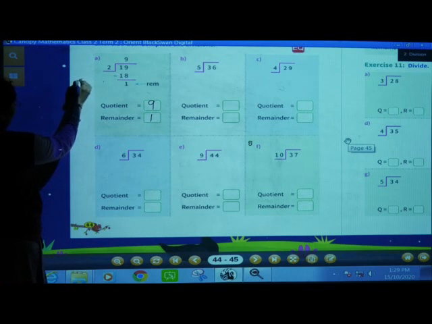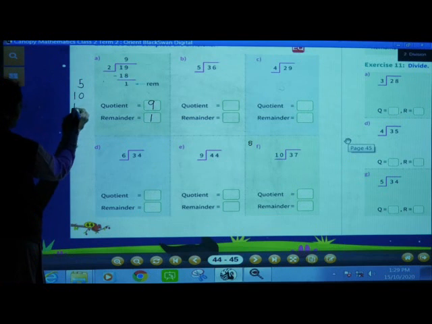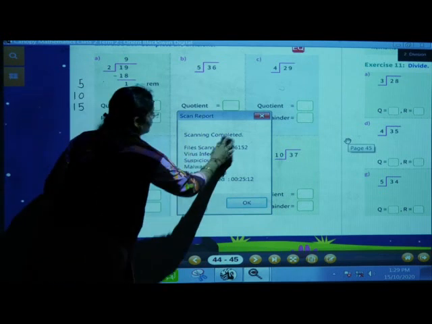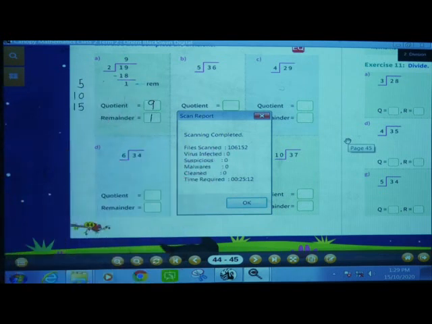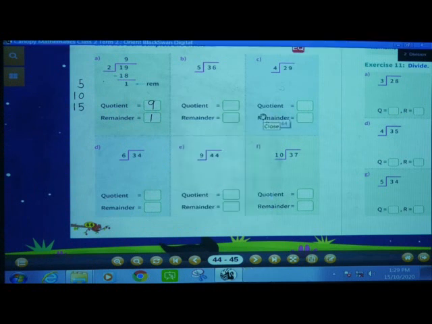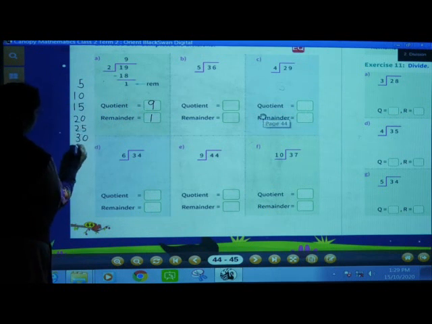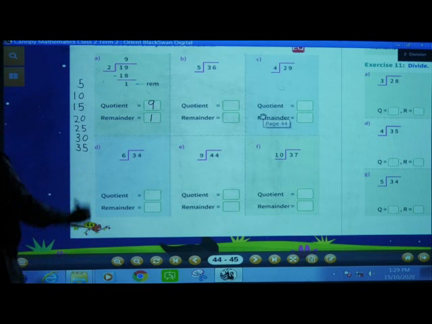See, 5 ones are 5, 5 twos are 10, 5 threes are 15, 5 fours are 20, 5 fives are 25, 5 sixes are 30, 5 sevens are 35.